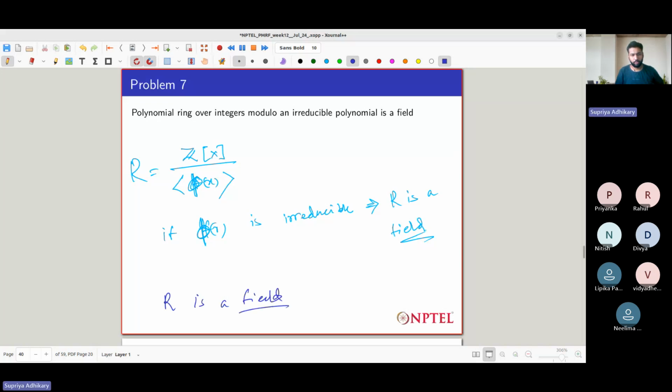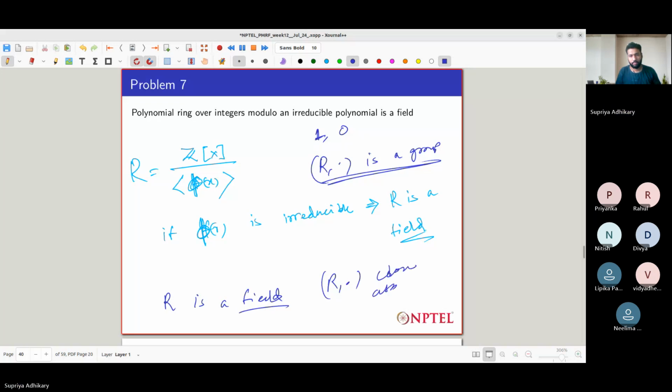We don't have to prove the other properties. That is, the identity element 1 exists in this field. We know that 0 belongs to this field. So R with multiplication is a group. To prove this, we don't have to. We know that it is closed, associative. Also, the identity element exists.